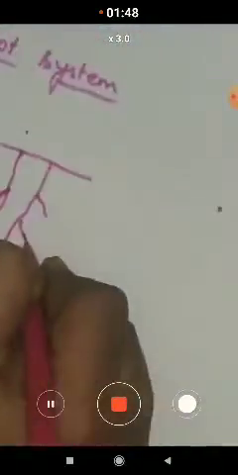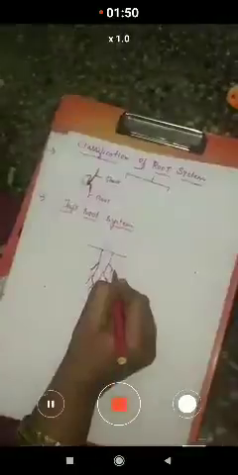So here you can observe small thread-like structures starting to grow from the single root. This single root which starts growing, we call it the primary root.